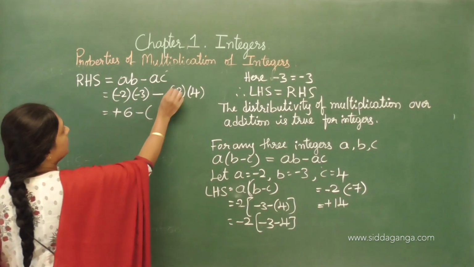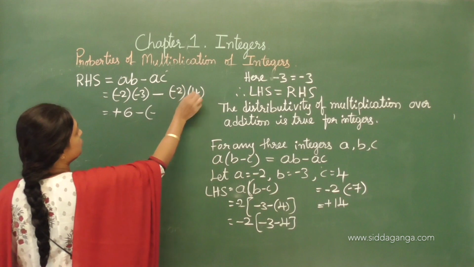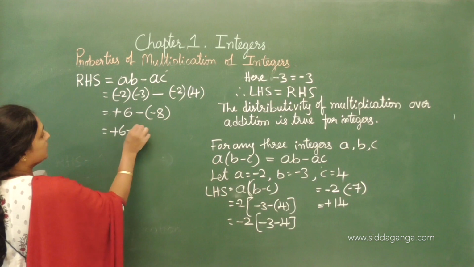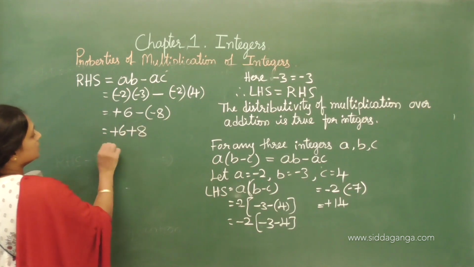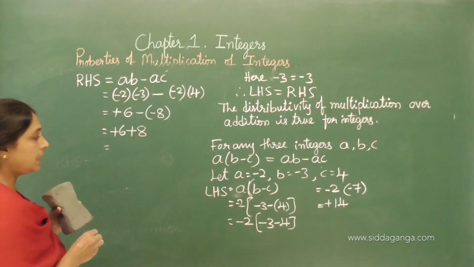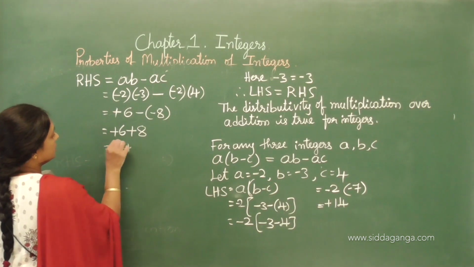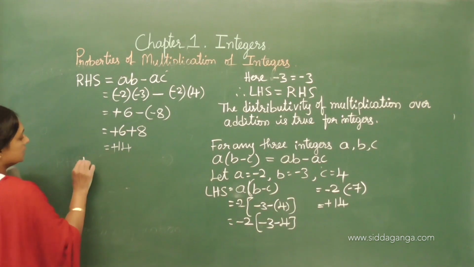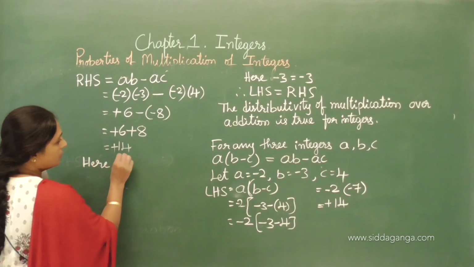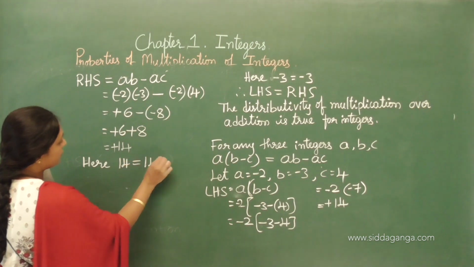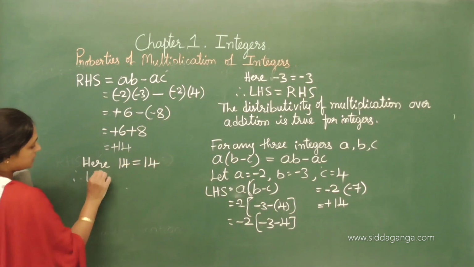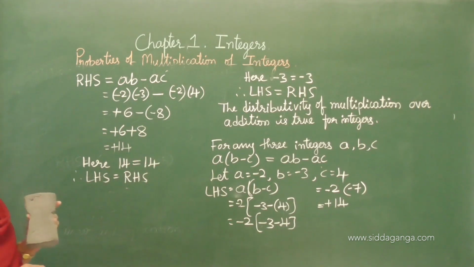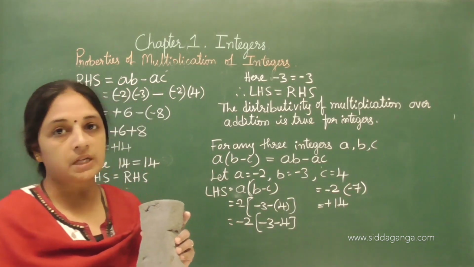So minus into plus is minus, 2 4s are 8. That is equal to plus 6 minus 8... So add both of these: 6 plus 8 is 14. What we get for LHS and RHS? Here 14 is equal to 14. Therefore LHS is equal to RHS. Then the condition is true, or the condition satisfies.